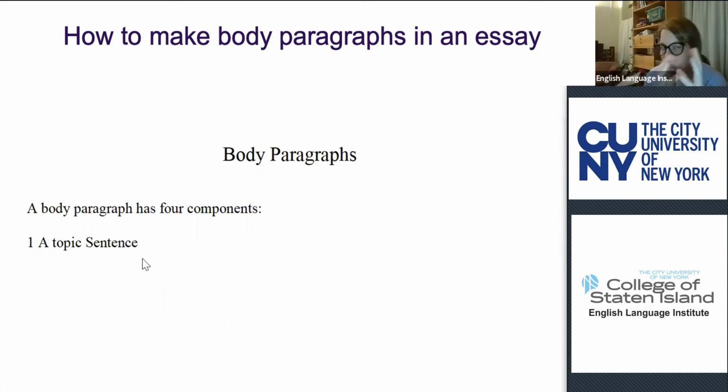right? So a body paragraph covers 1 topic. So if you're talking about your English in the past, you're not going to bring up your English in the future in your body paragraph about the past.